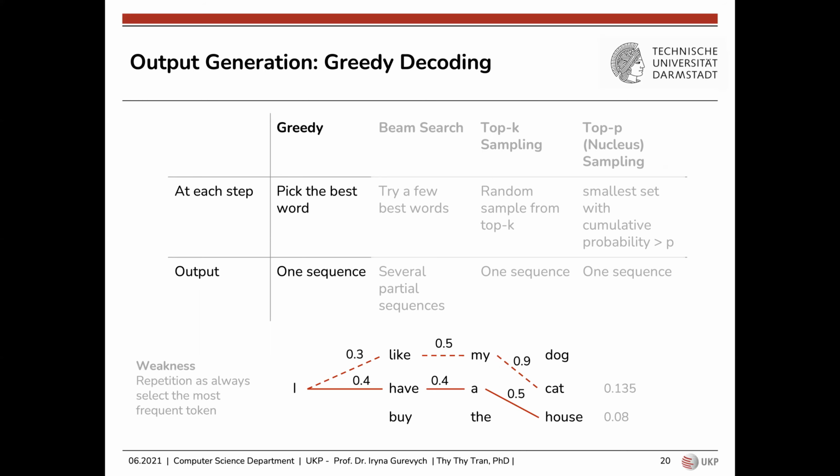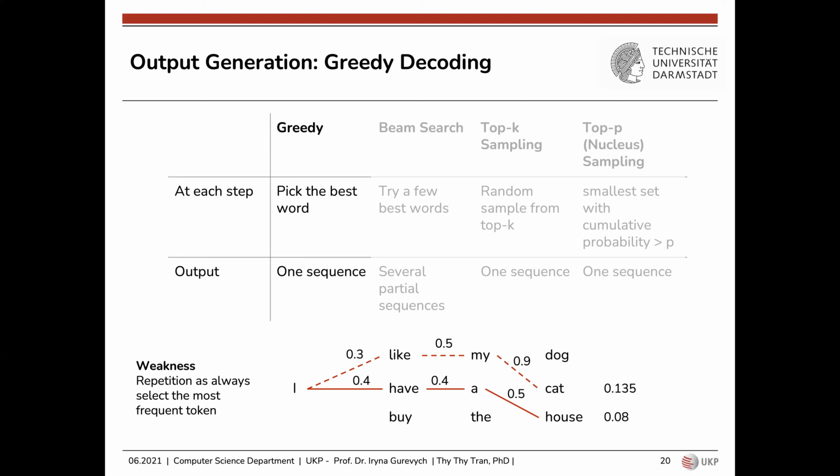However, the major drawback of greedy decoding is that it may miss the high probability sequence because it selects the highest probabilities at a previous time step.